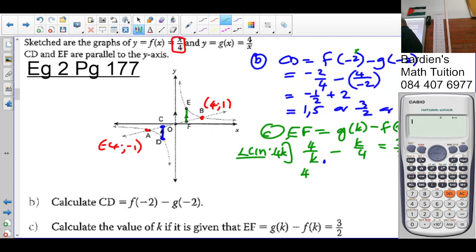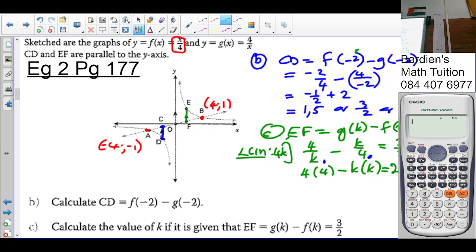Just check something here. 4 times 4 minus, what must this be multiplied by? k, so k times k. What must this be multiplied here by? 2k. So this 2 is already accounted for. So it's 2k.